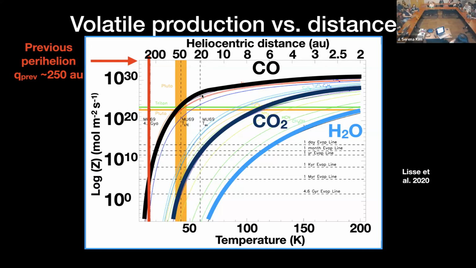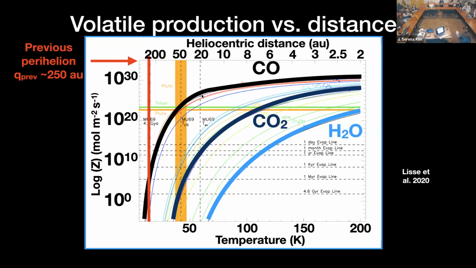But the previous perihelion distance of UN-271 puts it completely out of that. So when it formed inside the protoplanetary disk, let's say within the first 10 million years of solar system formation, and then was ejected into the Oort cloud, it had never been heated by the sun enough to start the depletion of its carbon monoxide.